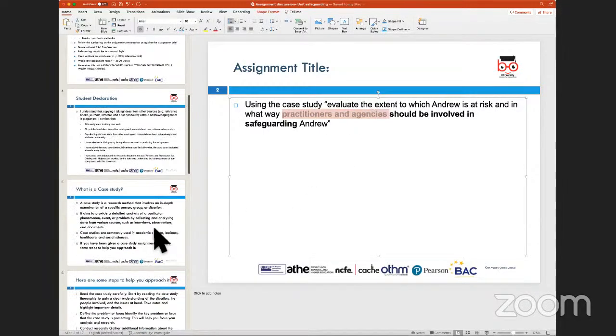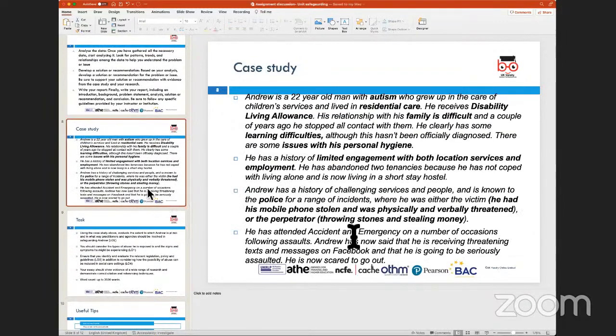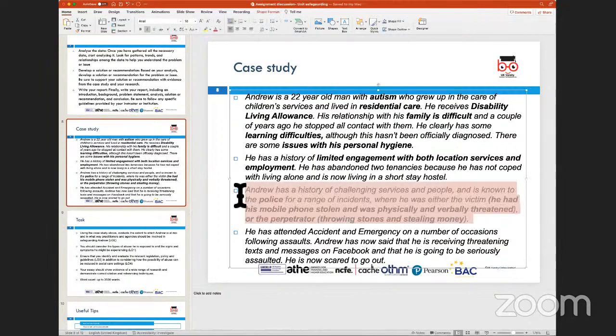One of the agencies which would have got involved and is aware that he's been in problems in the past is the police. There is a representation from the police and the local authorities on these safeguarding assessment boards, SABs.